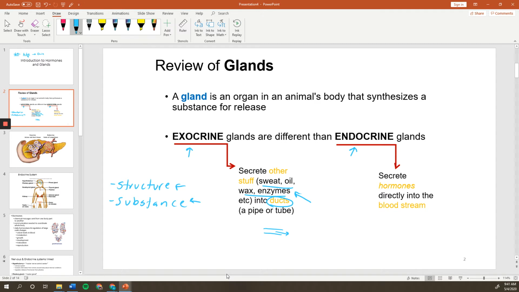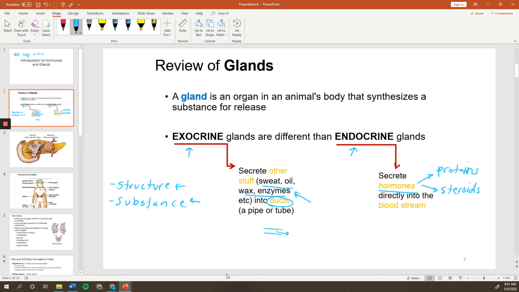All right, so for endocrine glands, the substance is hormones. And just so you know, I don't know if this will come up, it could, but it's an easy thing: two types, proteins and steroids. We won't talk about it, but they have different mechanisms of action.